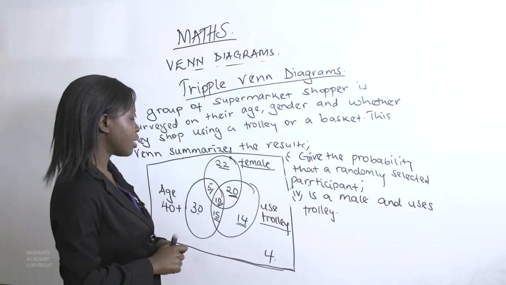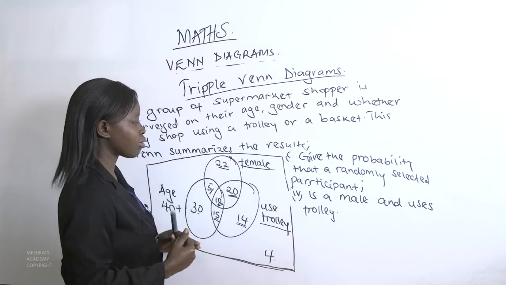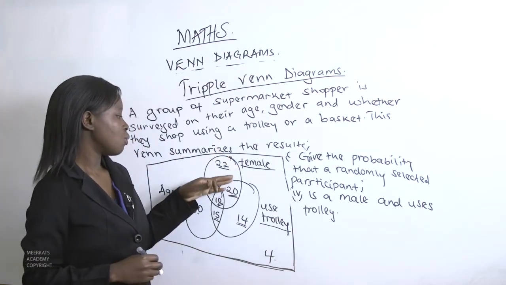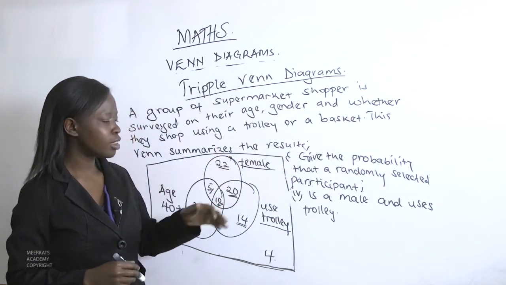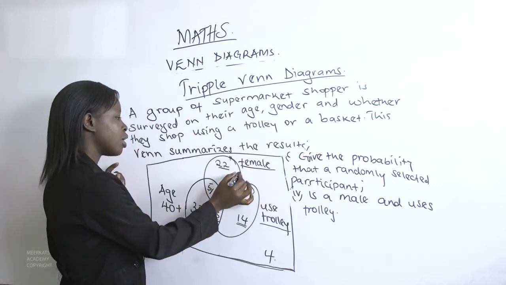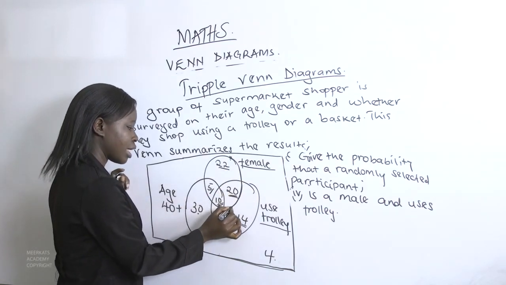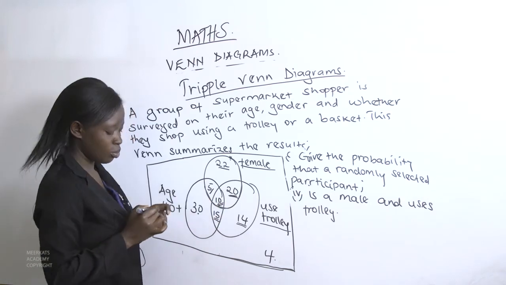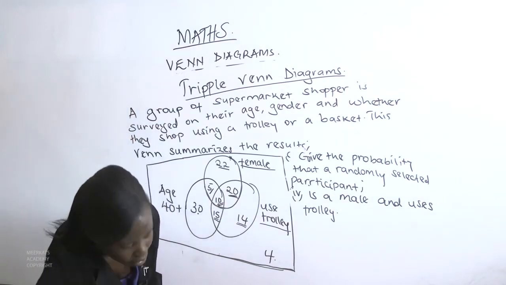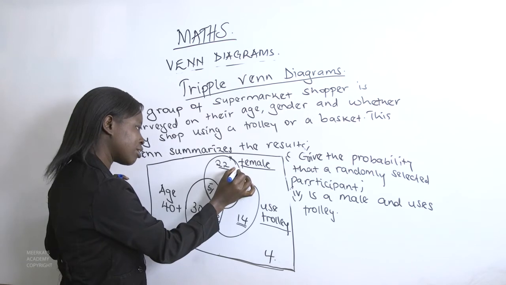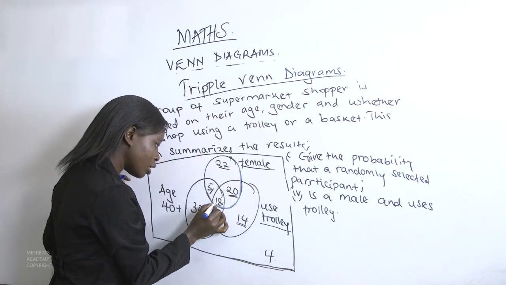This means that the circle containing female will not be covered. Any digit that has a circle with female here, this circle will not be included. So the circle that has female in it, we are counting it out.